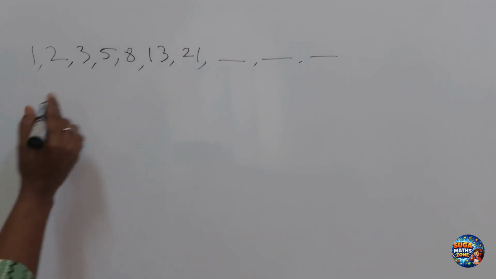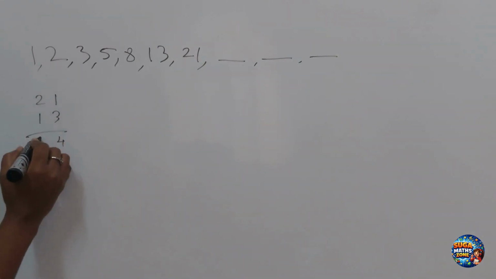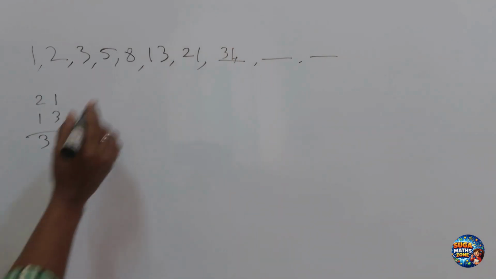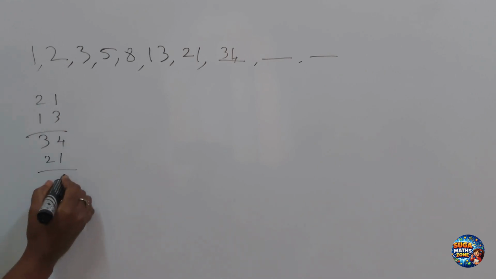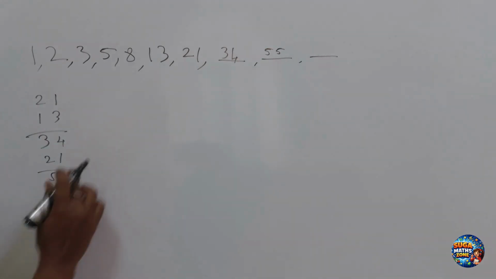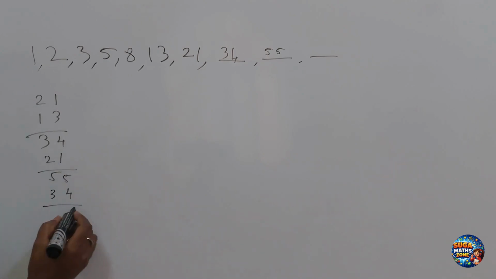So 21 plus 13 is 34. This is 34. Then 34 plus 21 is 55. Then 55 plus 34: 5 plus 4, 9; 5 plus 3, 8.